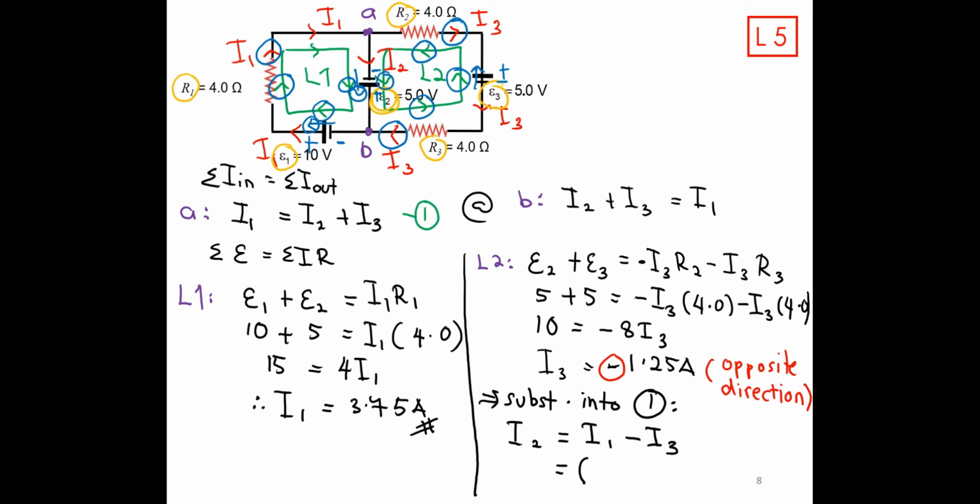Your I1 is 3.75 minus negative 1.25, and the answer for I2 is 5 ampere. Settle. Simple, right? Good luck with Kirchhoff. Just follow the rules, and you'll be happy.